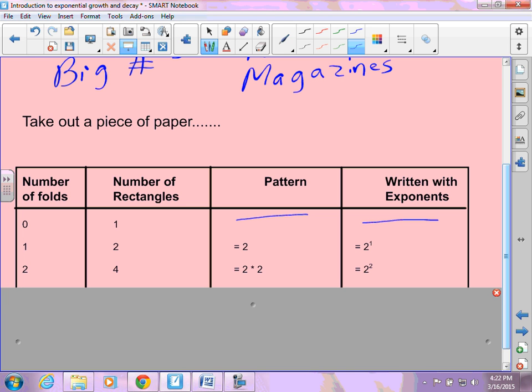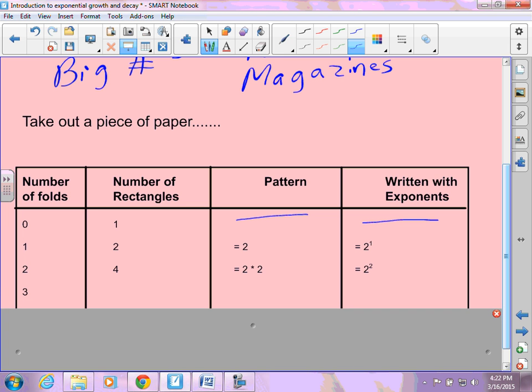Let's keep going. I'm going to take the same piece of paper and fold it, and before we open it up, think to yourself how many rectangles we're going to have. Open it up, and you're going to notice that there should be 8 rectangles, and I can write it as 2 times 2 times 2, or just 2 to the third. We're going to keep going.